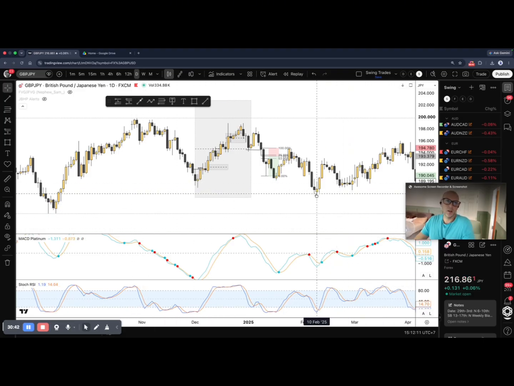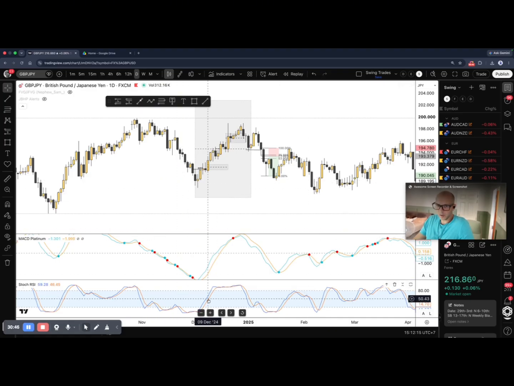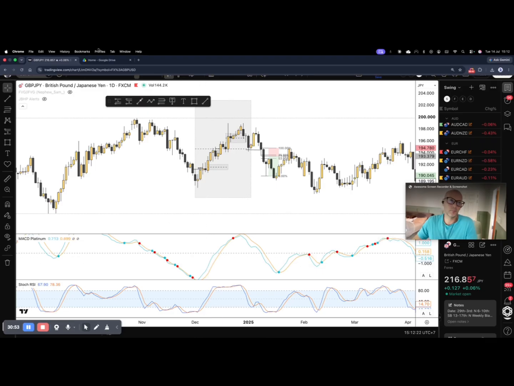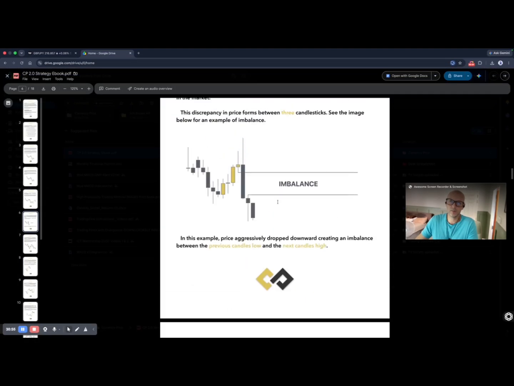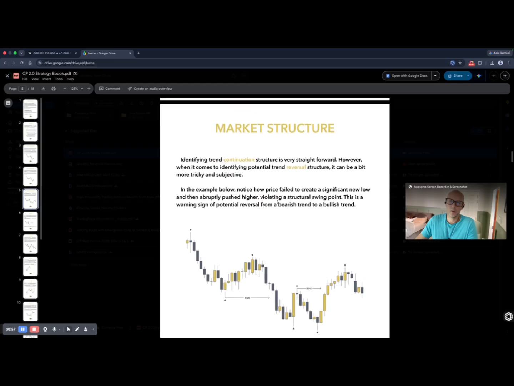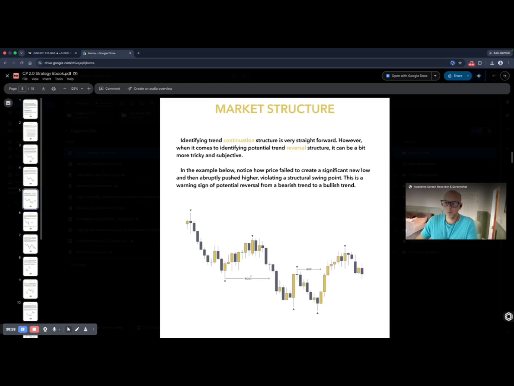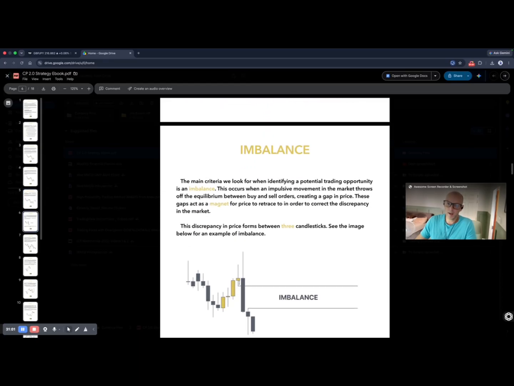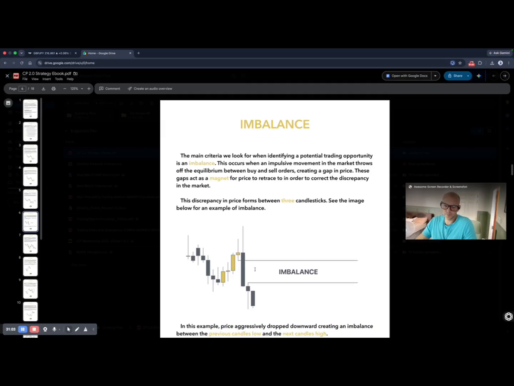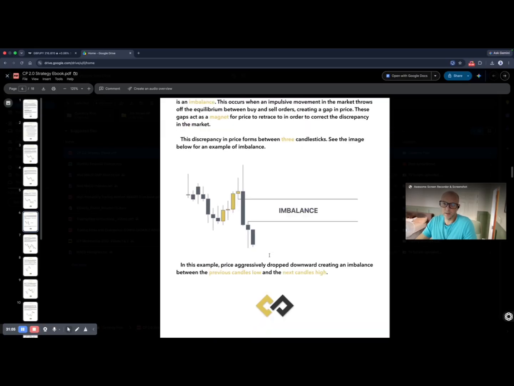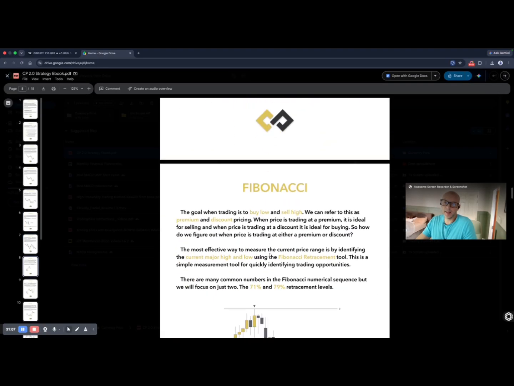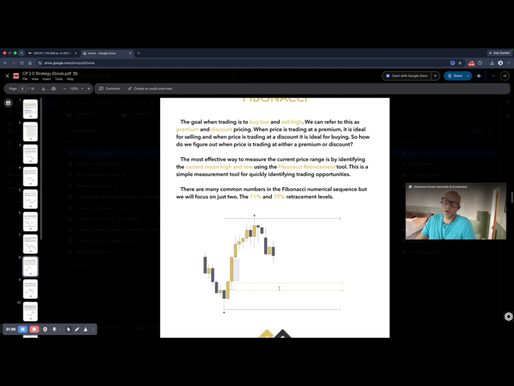That's the strategy. Market structure and/or MACD and stochastic RSI, break of structure, inefficiency, Fibonacci level. Maybe I should go back to the PDF actually. That'd be a nice way to finish. Market structure, breaks of structure, mark out the areas of imbalance right here, and then you simply anchor your Fibonacci tool and just wait for it to come into that zone.